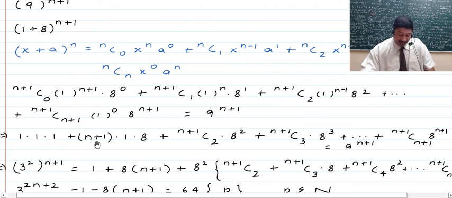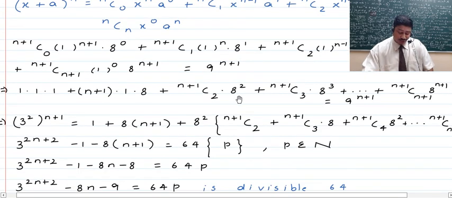And then further we have the first binomial coefficient, which becomes equal to the superfix like I told you earlier. So we have n plus 1 multiplied with 1 raised to the power n, that will become equal to 1, and further multiplied with 8 raised to the power 1, that is 8. Right, so this thus becomes equal to 8 times (n plus 1).